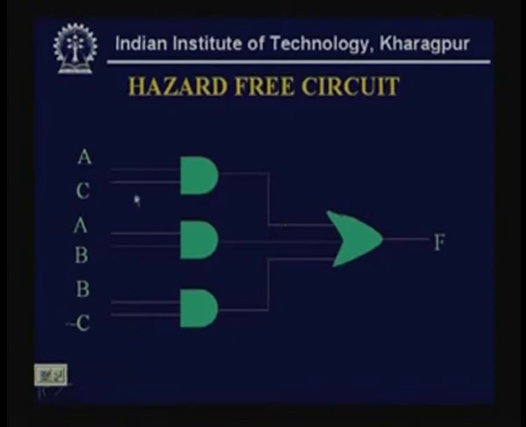So, whatever be the value of C or C dash, even if C switches from 0 to 1 or 1 to 0, it is immaterial, because of the OR gate property: if any one input of the OR gate is 1, the output will be 1. So, if A equal to 1, B equal to 1, that means AB is high, then one input is high.